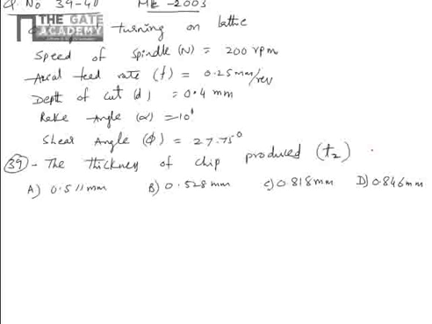That we have to remember. Depth of cut is always uncut chip thickness. So T1 by T2 is always less than 1, so the answer will definitely be near 1. So option C or D is correct, but anyway we will solve.